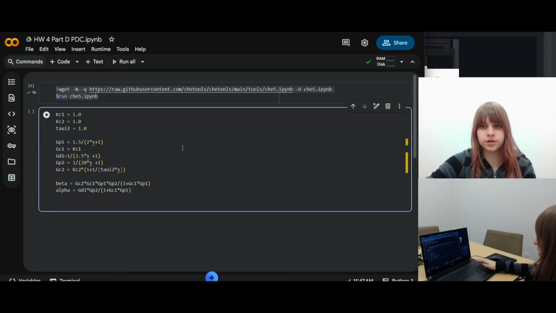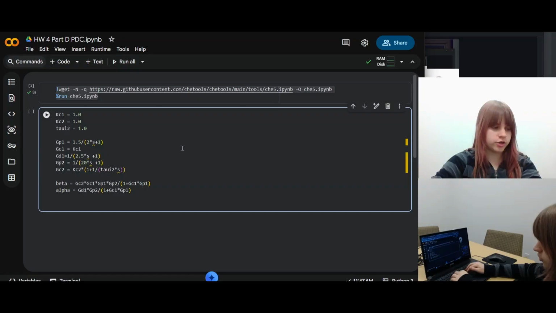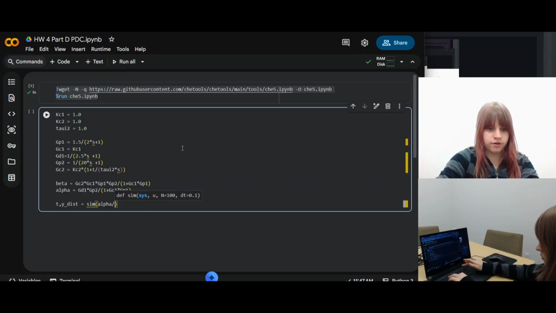First, we're going to look at disturbances to the inner loop. So I'll just call that DIST for the disturbance. Alpha divided by 1 plus beta. Lambda, N, and DT.